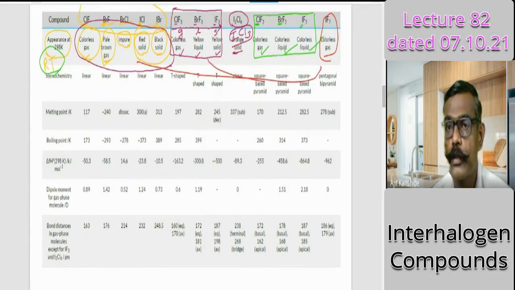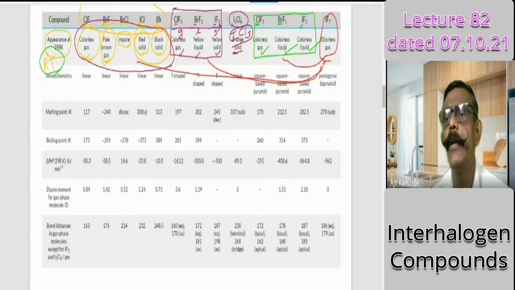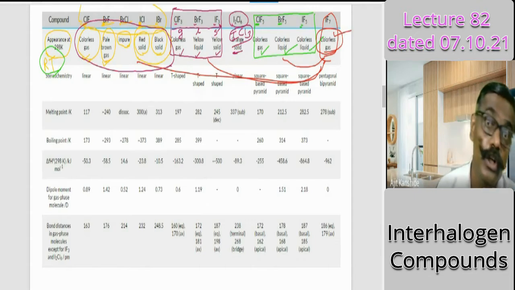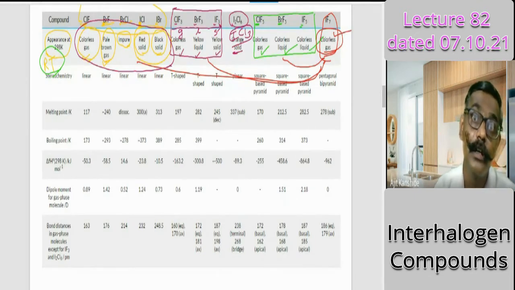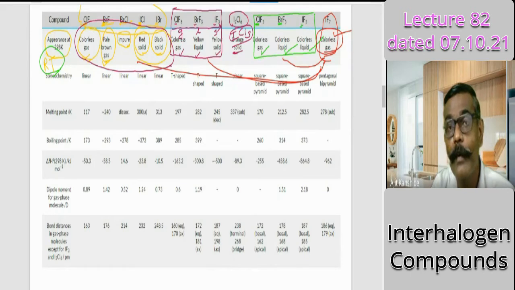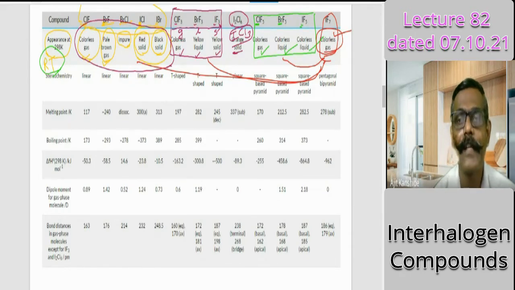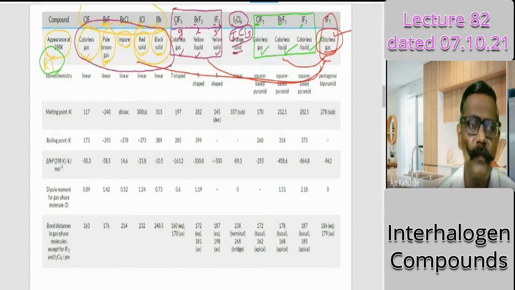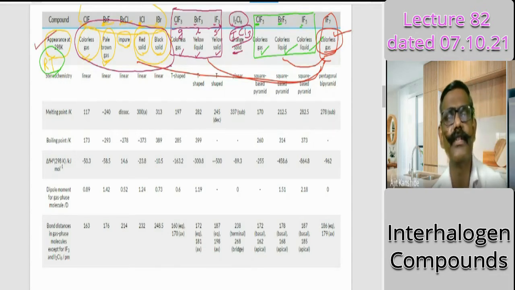As per this logic also, it can be liquid or solid. But what is the observation? It is gaseous in nature. So which factor is dominating here? If peripheral atoms are more, then the rigidity will be less. Liquid or gaseous state will be there. It is about the physical appearance of these compounds.